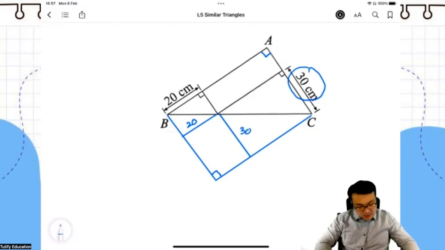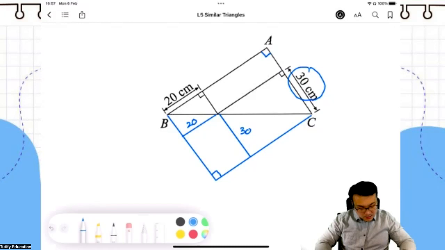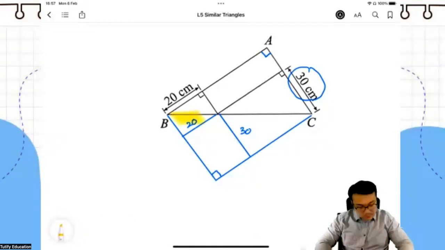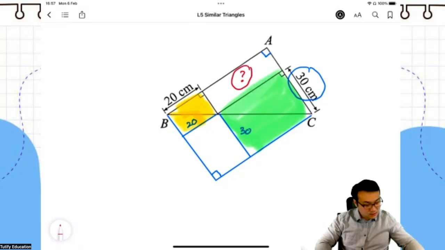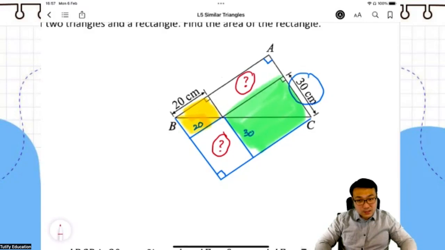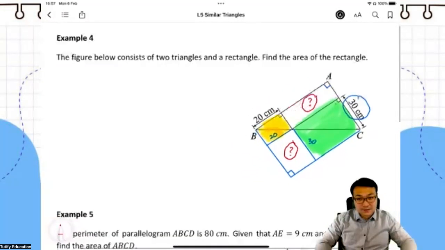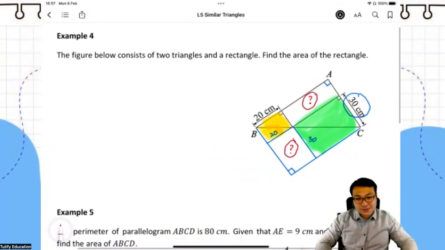And since the area of the triangles are the same, it is the same as the other triangle. What happens next? That means that the area of this rectangle should also be the same as the area of this rectangle. So students, can you type your answer? What is the area of the rectangle?